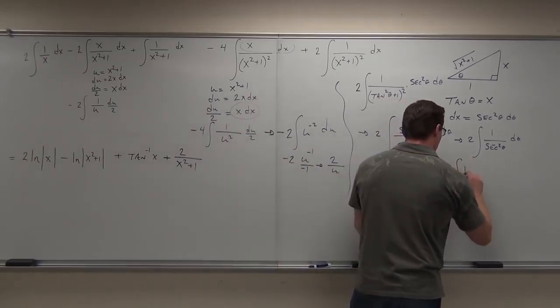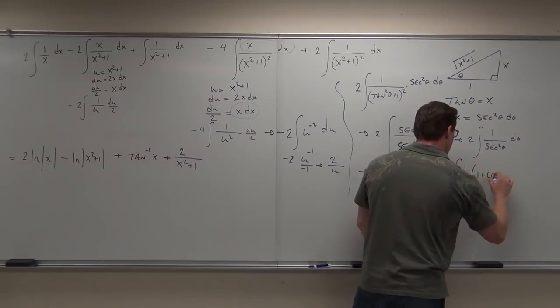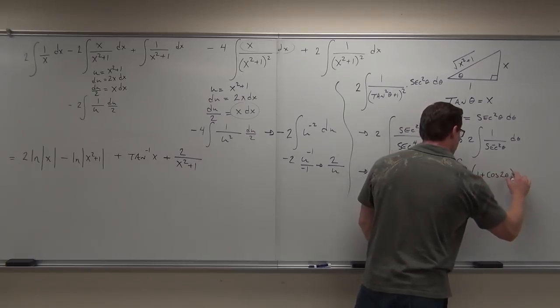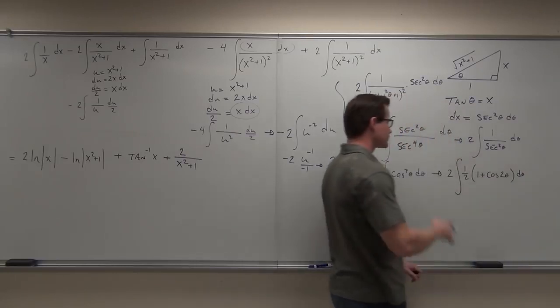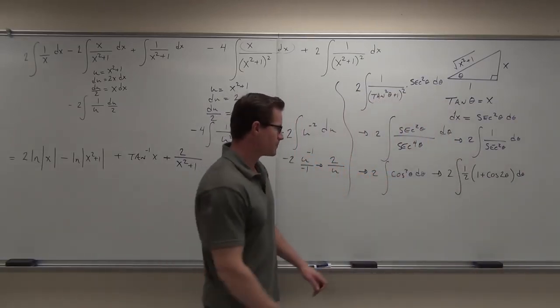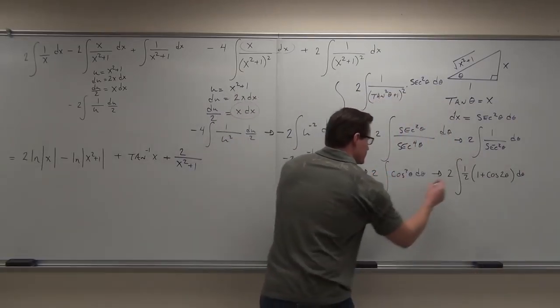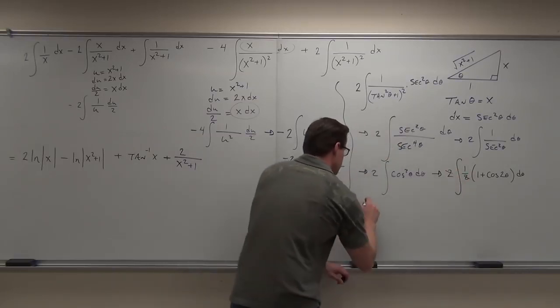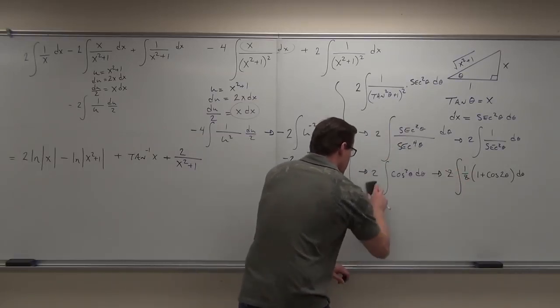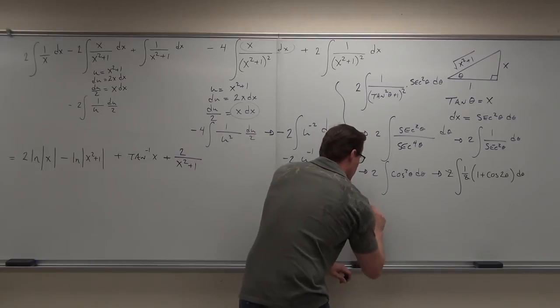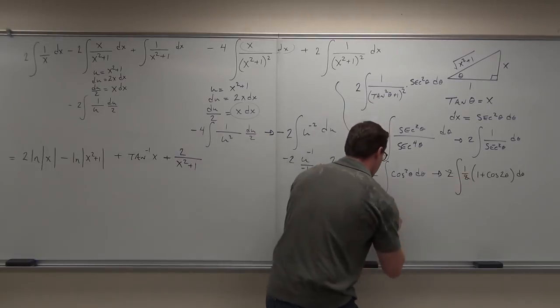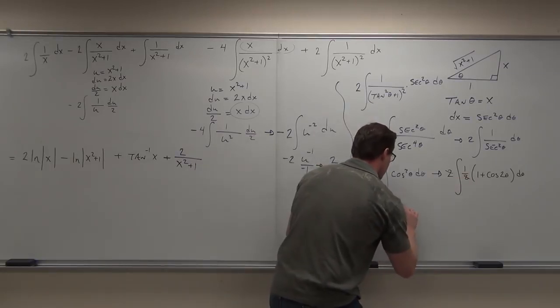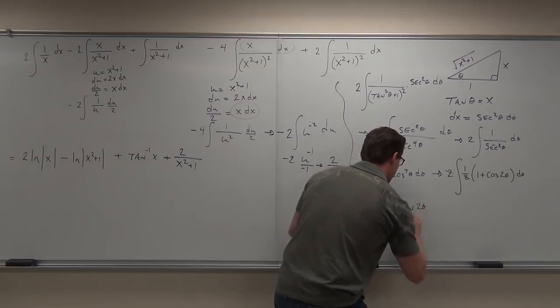Do we know how to do cosine squared? 2, 1/2, 1 plus cosine 2 theta d theta. These are gone. I'm just going to do the integral right here. This integral, therefore, is theta plus sine 2 theta over 2.